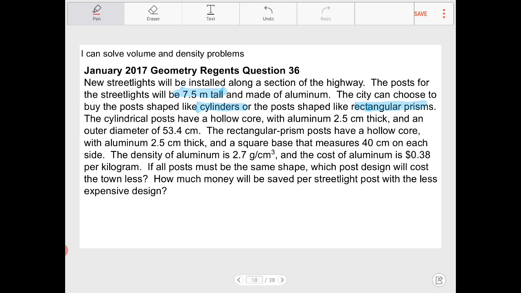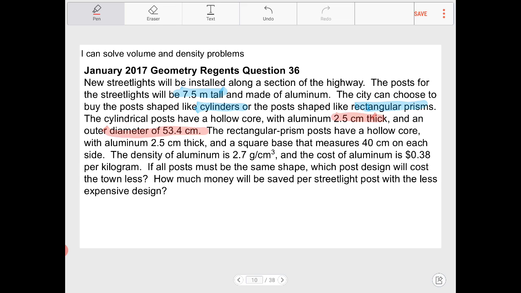So it says here the cylindrical posts have a hollow core with a 2.5 centimeter thickness, and an outer diameter of 53.4. So the outer diameter is 53.4, and the aluminum will be 2.5 centimeters thick.